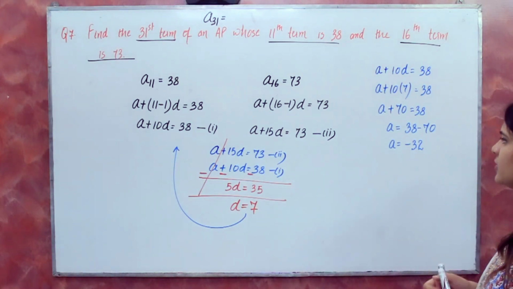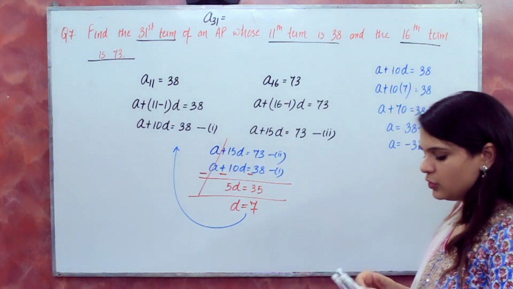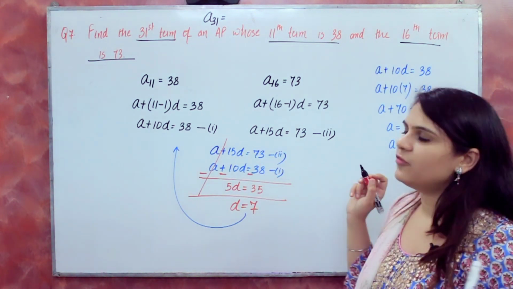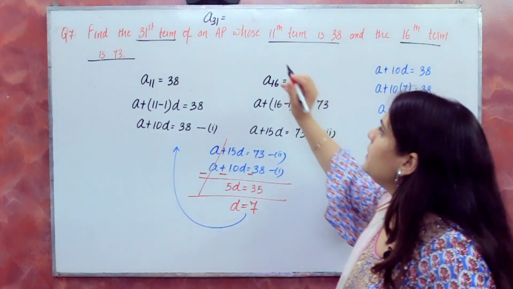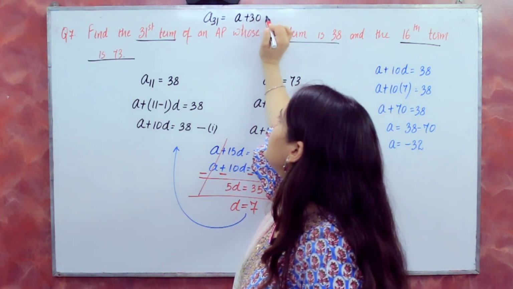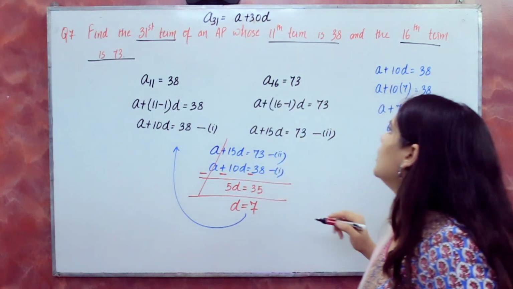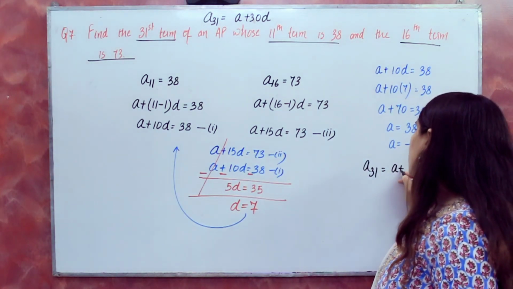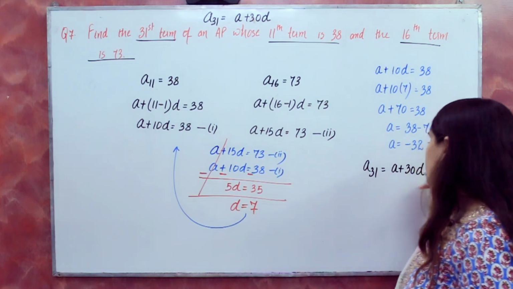So this is our first term, and the common difference is equal to 7. In this question you have to find the 31st term, that means you have to find the value of a plus 30d, right? So A31 equals a plus 30d.